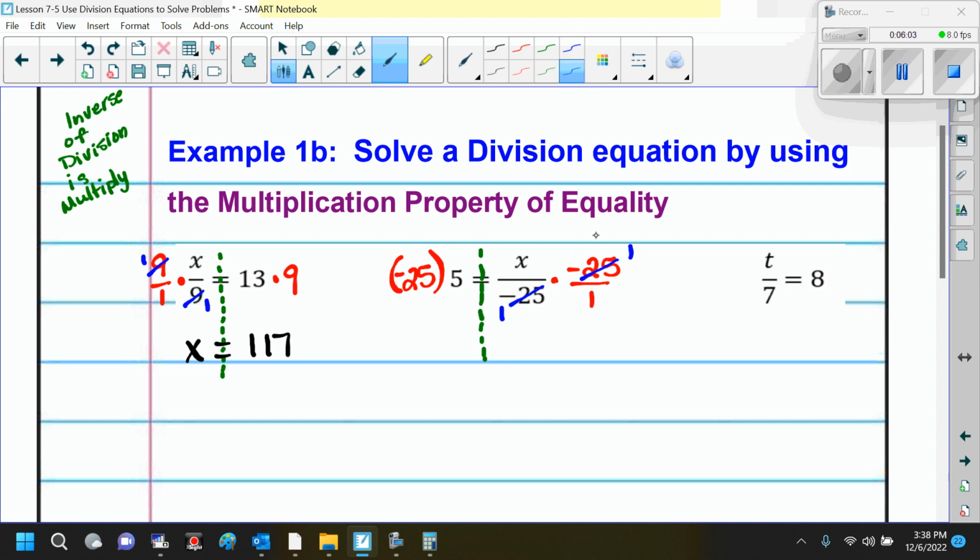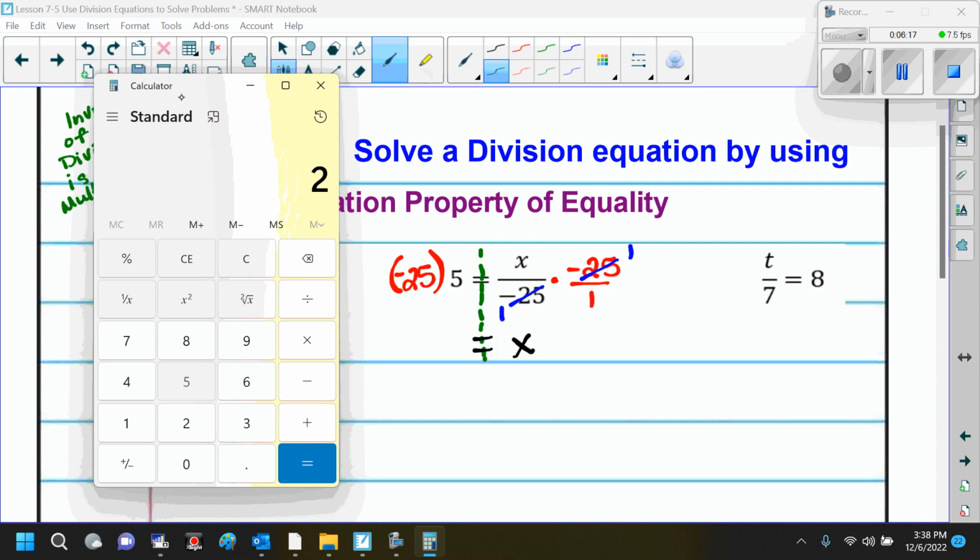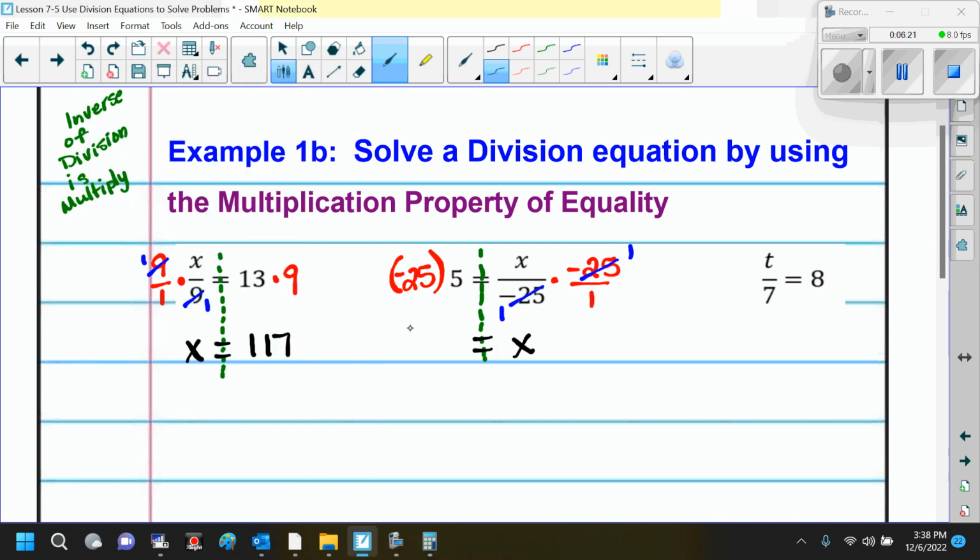So all of this is equal to 1 times x, so that's equal to x. And then we have negative 25 times 5. Negative times a positive is a negative, and of course 25 times 5 is 125. So here, our final answer is negative 125.